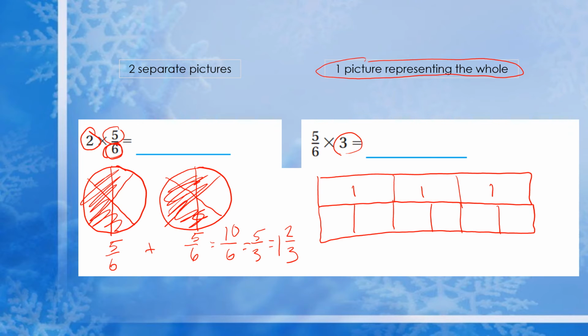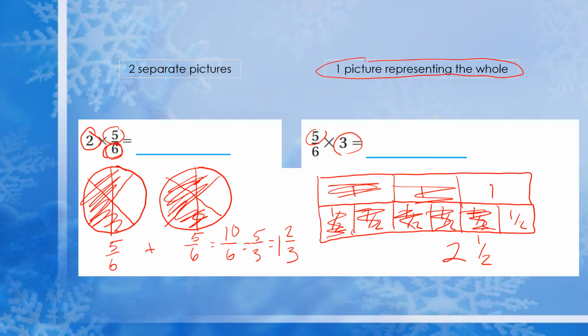I have 3 under each one, so each one is worth a third. And I need to circle 5 of them, or shade in 5 of them. So 1, 2, 3, 4, 5. So I have 1 whole and 2/3 shaded. 1 and 2/3. All right?